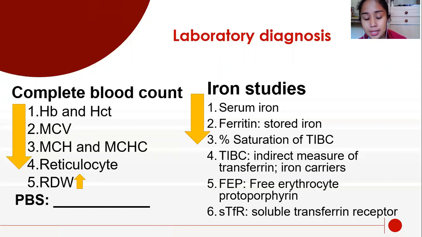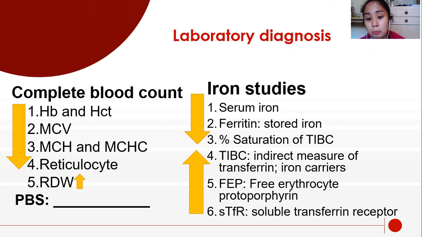Since we don't have enough iron anymore, the percent saturation decreases. But since there's nobody to ride, TIBC is increased, class.